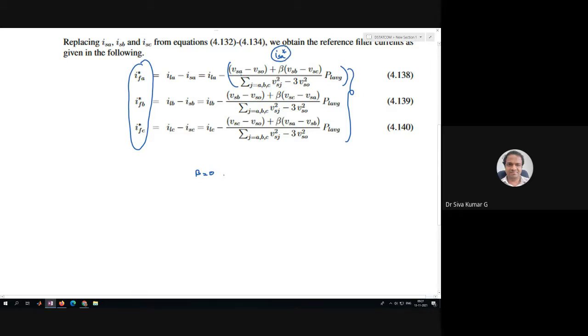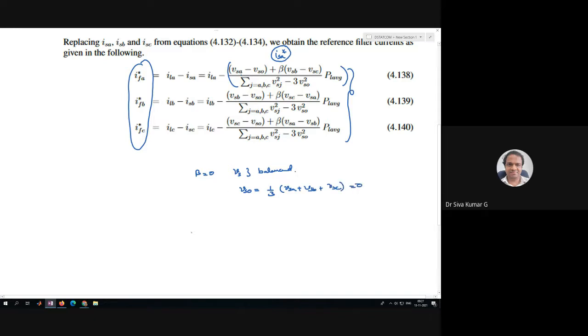And I take that the source voltages are balanced. When the source voltages are balanced, we won't get the Vs naught. Vs naught is equal to the zero sequence voltage, Vsa plus Vsb plus Vsc. When these voltages are balanced, we get 0.